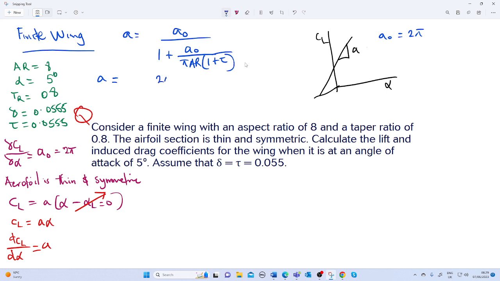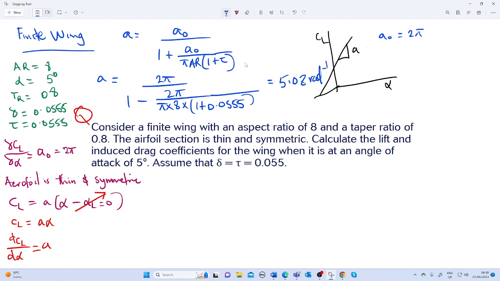So that becomes 2 pi over 1 plus 2 pi over pi multiplied by our aspect ratio of 8, multiplied by 1 plus our tau, or deflection, which is 0.0555. That gives us 5.08 per radian.